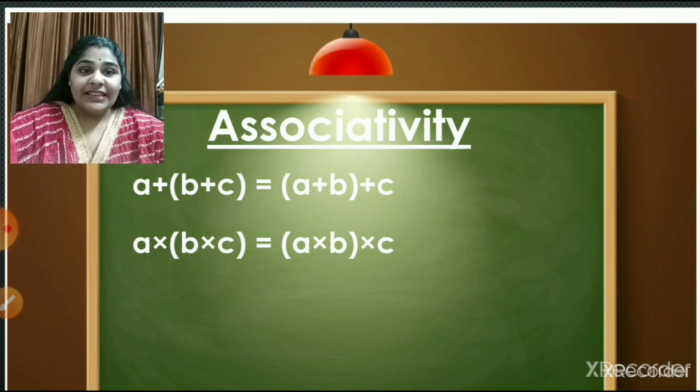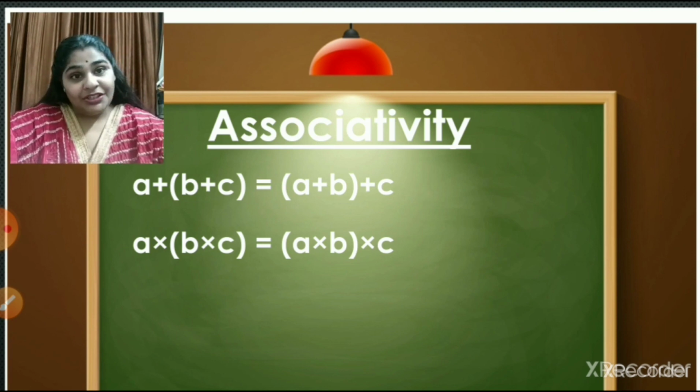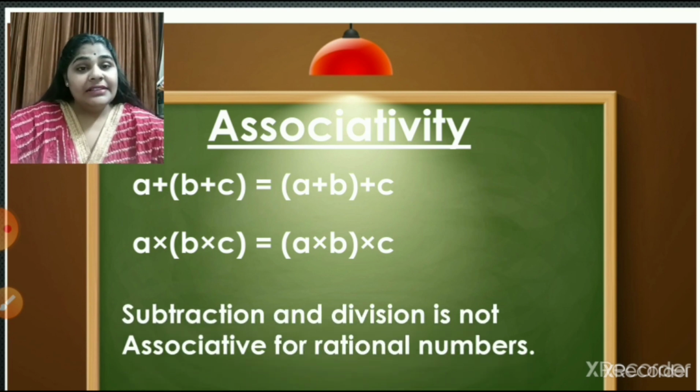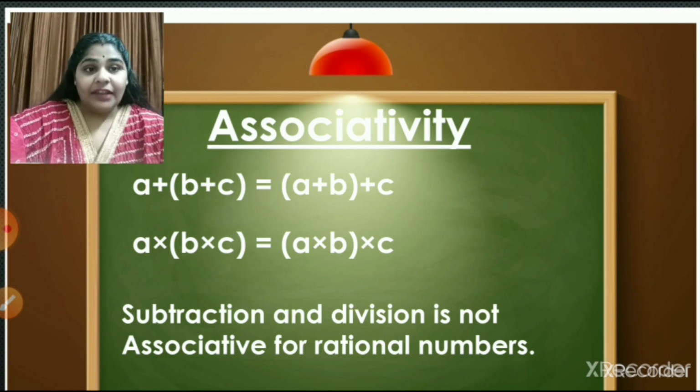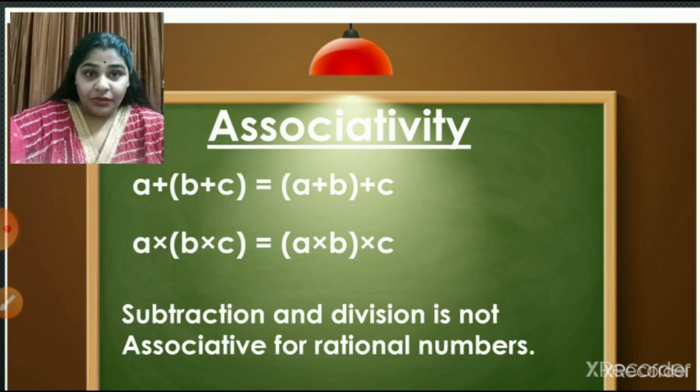So hence we can say addition and multiplication are associative for rational numbers. Similarly, subtraction and division are not associative. So for rational numbers, these two properties are very important to understand, children. Based upon these properties, we have problems in exercise 1.1 that we are going to see, right?